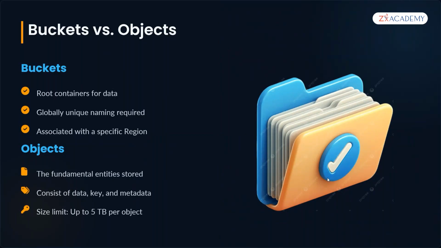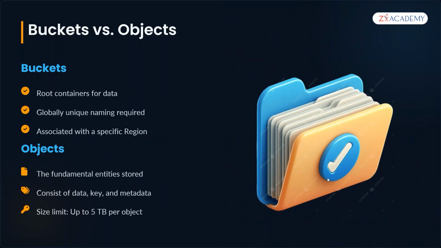So objects, again, objects are the fundamental data that we are actually storing. So they consist of data, key and metadata. So metadata is data about the data. It is stored in key value pairs, where the key is, say, the bucket name along with the path of the object, and the value is the object itself, the data.